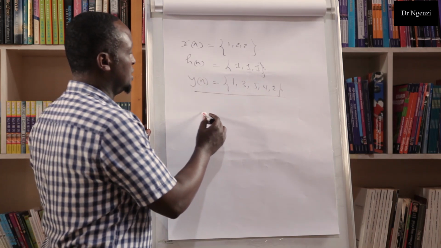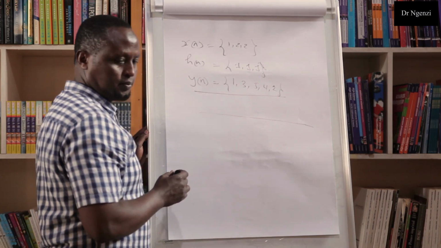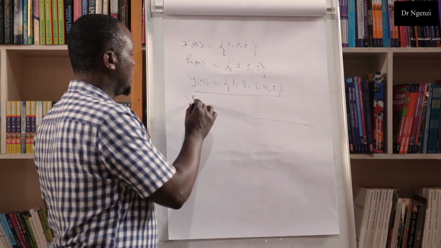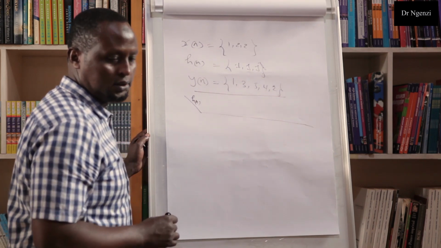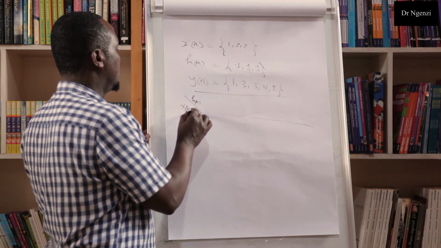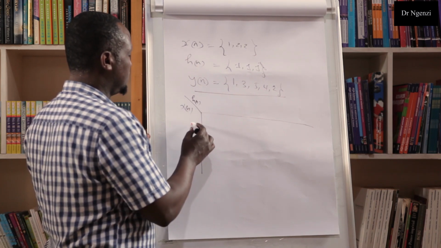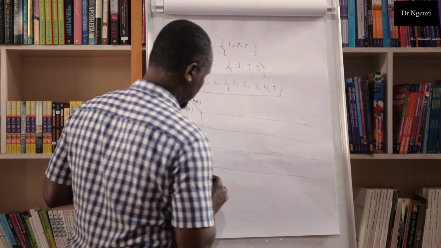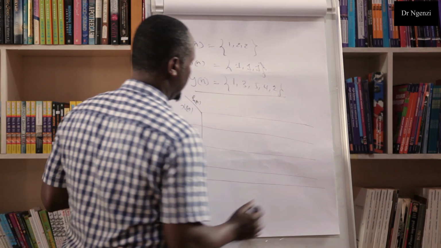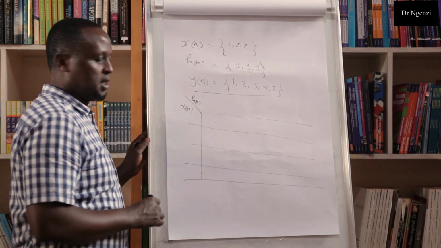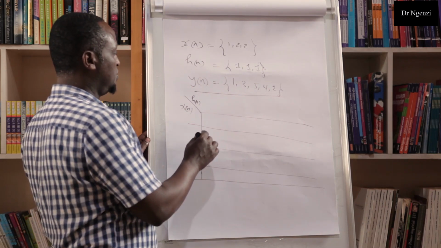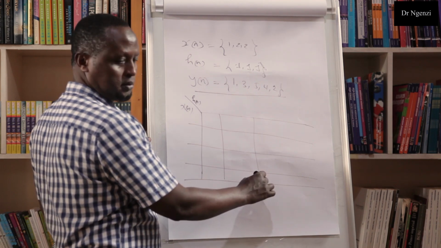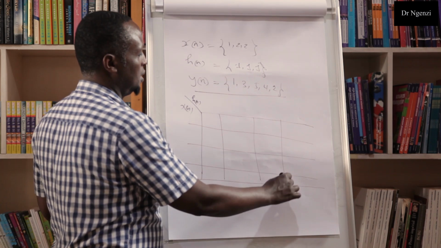Remember, our table looks like this. We have h of n and x of n, and we have x values here. We are saying this is going to be a response: 1, 2, 3, and 4.